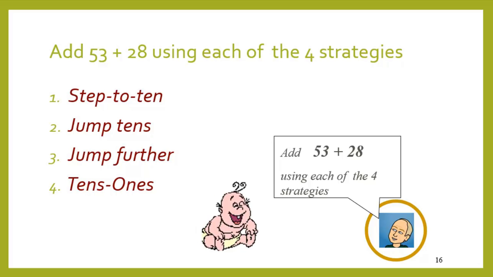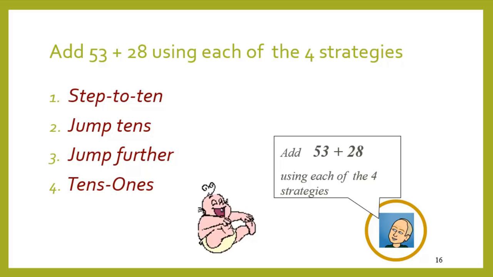Right, can you add 53 and 28 using each of these four strategies? Feel free to pause the video clip if you wish, and then come back to it to look at the answers.